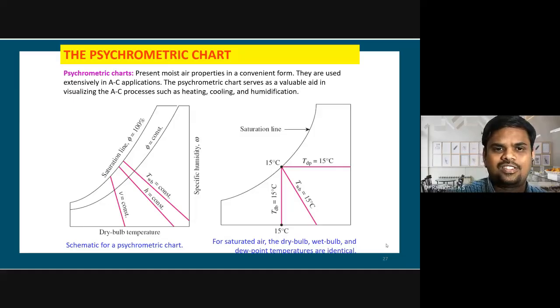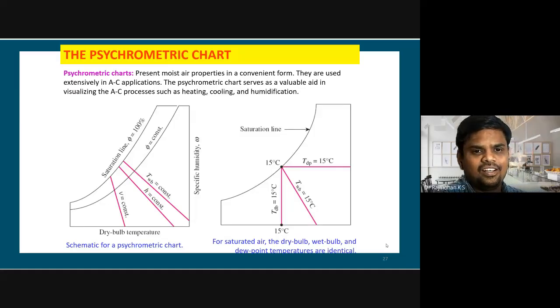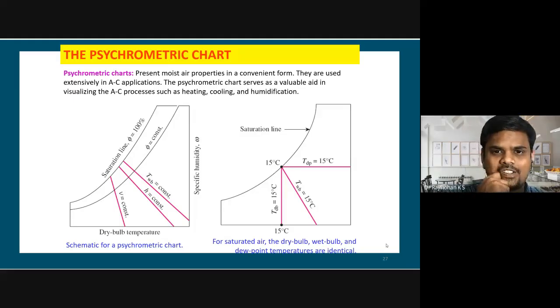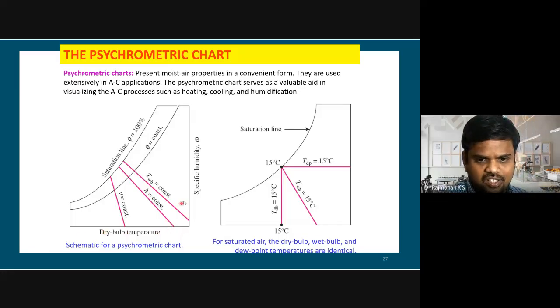This serves as a valuable aid in visualizing the air conditioning processes such as heating, cooling, or humidification. This is a schematic representation of a psychrometric chart, where we have dry bulb temperature on the x-axis and specific humidity or absolute humidity on the y-axis, that is the vertical axis.